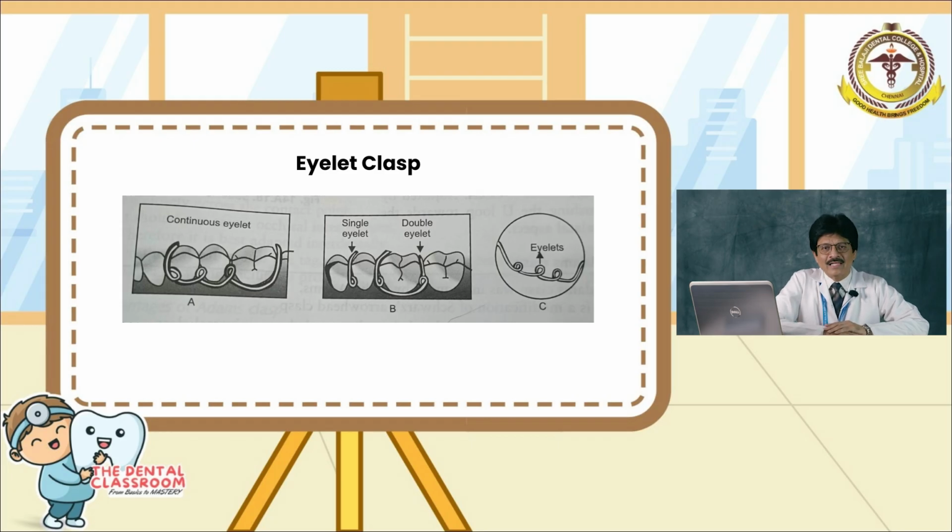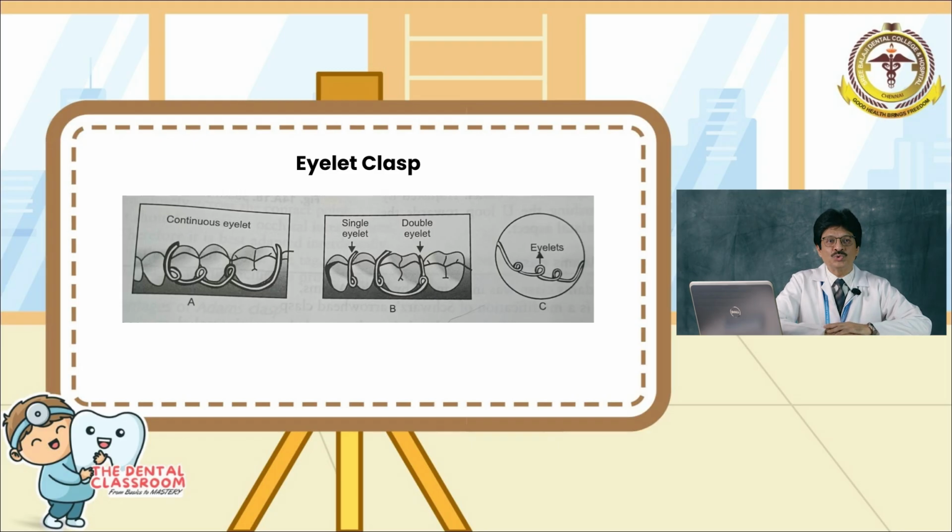Then we have the eyelet clasps, which are fabricated in the form of eyelets. It could be a single eyelet, a double eyelet, or a continuous eyelet. Now, we shall go on to the active components. So far, we have dealt with the base plate, which harbors the retentive components, namely the clasps.